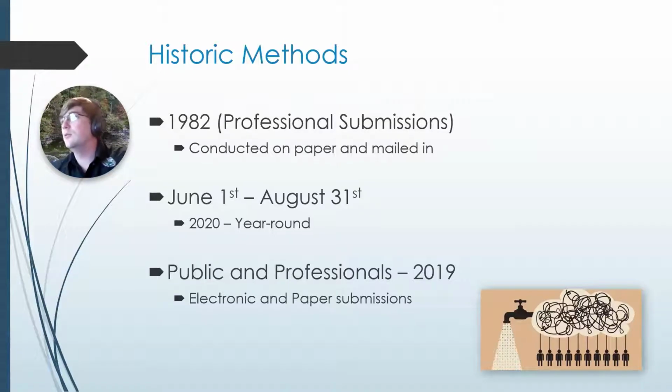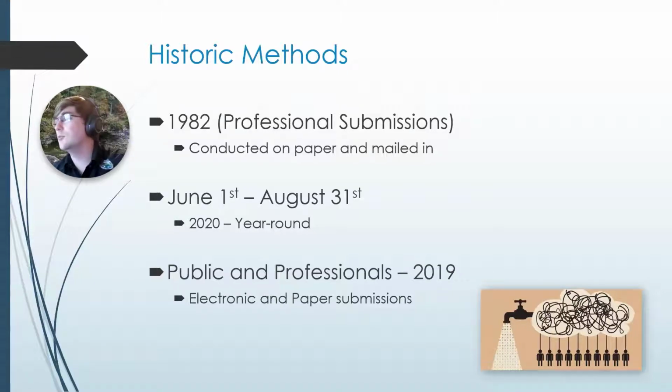So both the turkey and the quail survey have been conducted since 1982, and traditionally they were only open to professionals, so either at our agency or other conservation agencies, and it was conducted on paper where the biologists would then mail that into our turkey or quail biologists, and they would compile all that information.